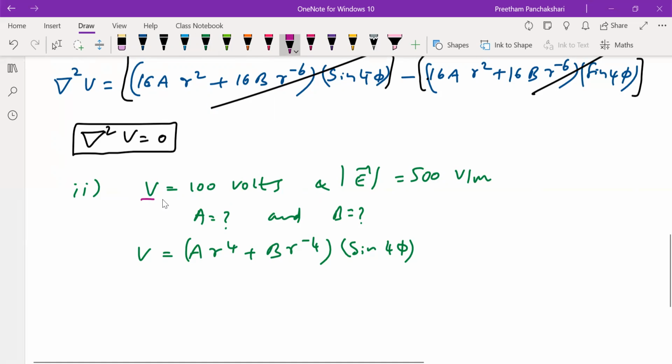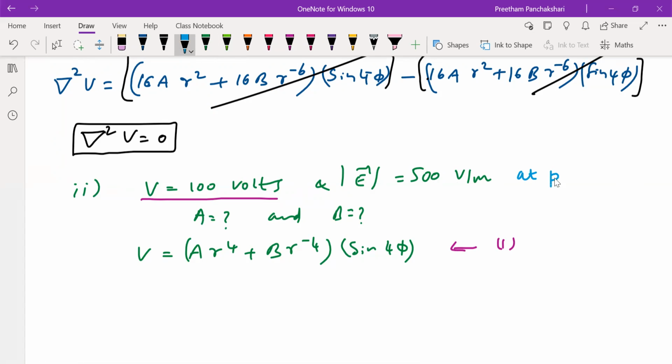Now, let us use this first value given, V equal to 100 volts. Let me call this equation 1 for the time being. We shall apply this 100 volts to this equation at a given point, and the point is given. Careful, it is mentioned that these two values are applicable at point P, that is 1 comma 22.5 degree comma 2.